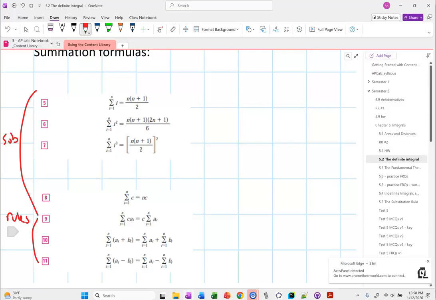If I have the sum of i, or the sum of i squared, or the sum of i cubed, these are the substitutions I can make. Or if I have the sum of a constant, this tells me that I can pull constants to the front, or I can distribute my sums across addition or subtraction. Those are the rules that I'm going to use to do my algebraic manipulation to get to one of these substitutions that I can drop in and then take the limit. Okay, let's see this in practice, okay?